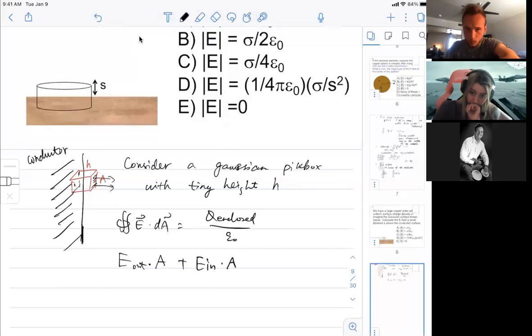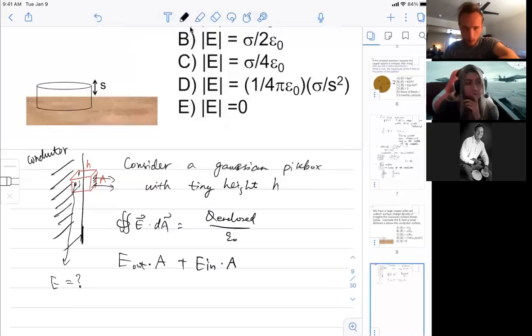So what is the E field right at the bottom surface? I have this pillbox where the bottom surface is now inside the conducting material.